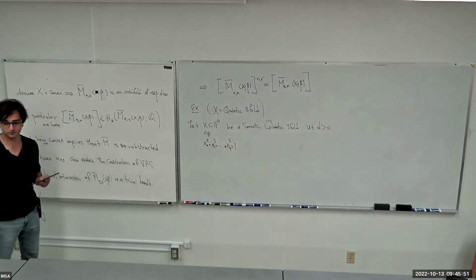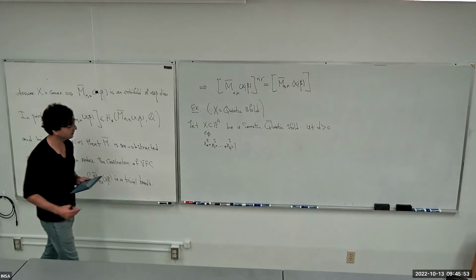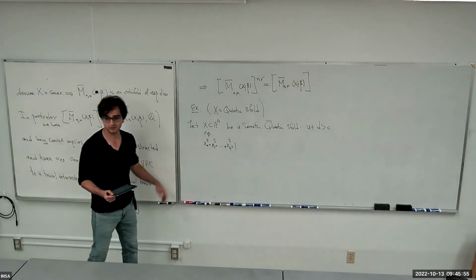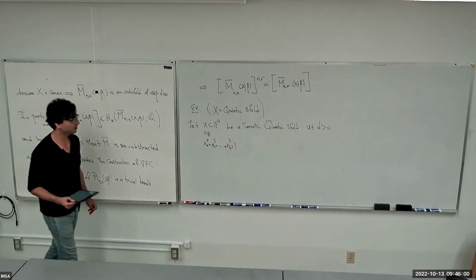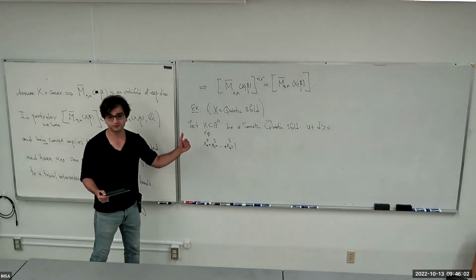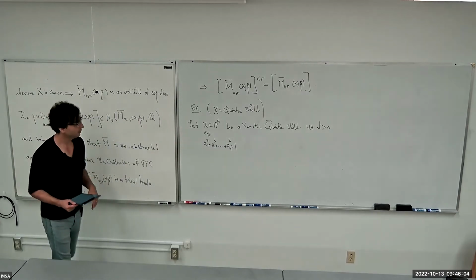Okay, so that's a quintic. In fact, this is the Fermat quintic because the polynomial looks like Fermat's equation. But any other homogeneous polynomial in x0 to x4 of degree 5 is a quintic.